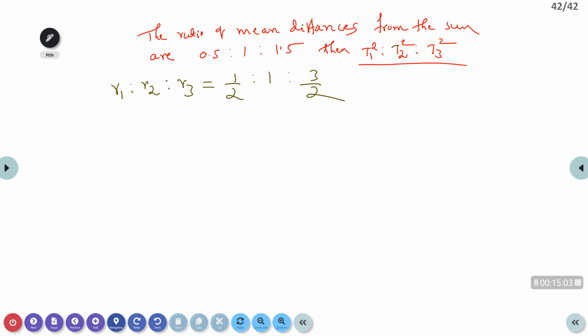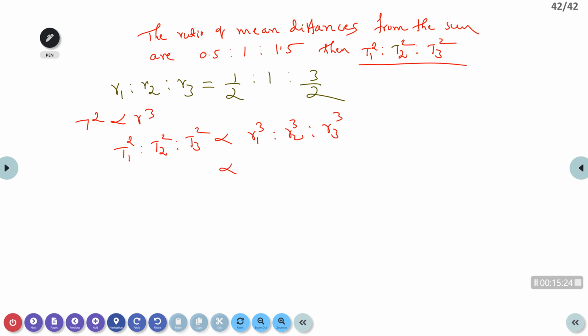How are T and R related? According to Kepler's law, T square is directly proportional to R cube. So T1 square, T2 square, T3 square is directly proportional to R1 cube, R2 cube, R3 cube.